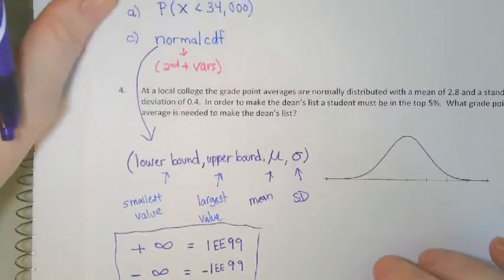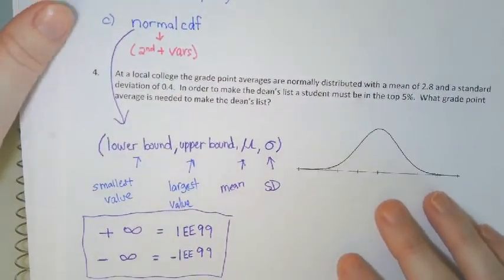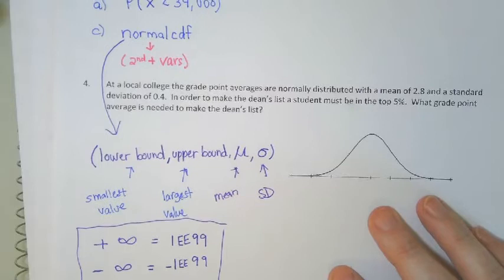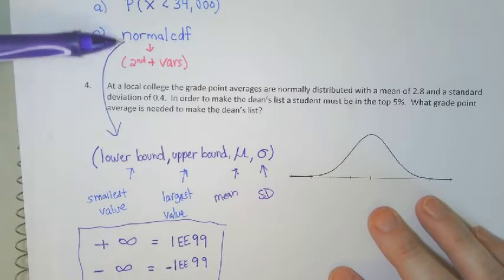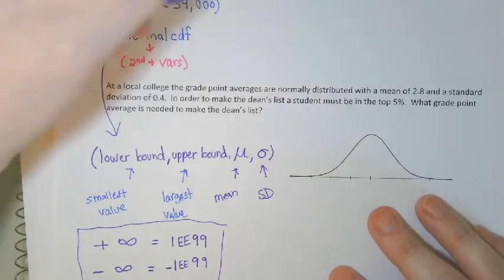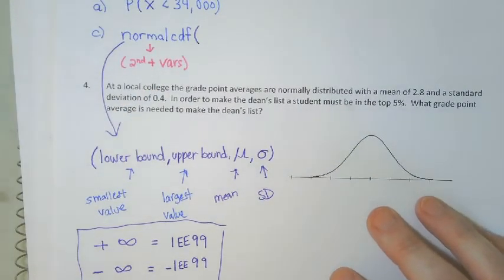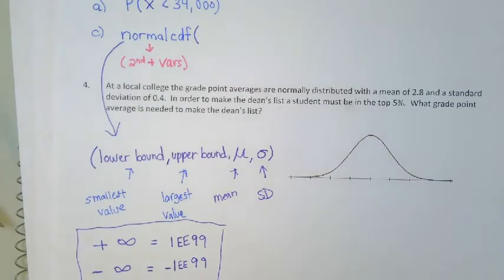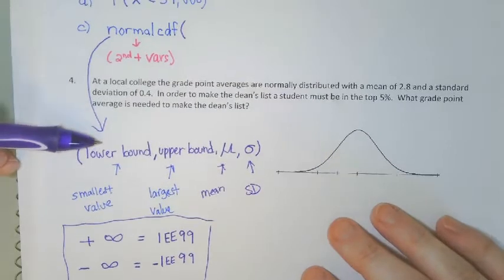So if I were to write the calculator instructions, assuming I'm working with a graphing calculator, I start with normal CDF. That's the function we need to calculate. In parentheses, I'm going to write the 4 values I need to enter, starting with the lower bound.